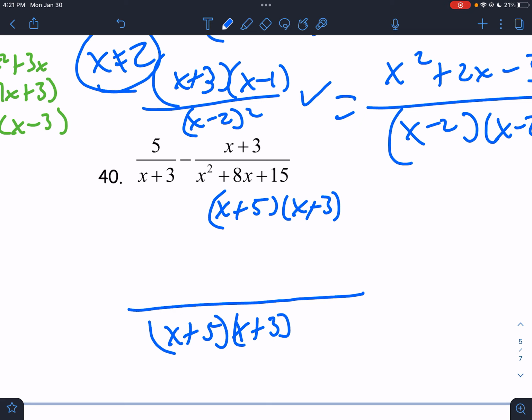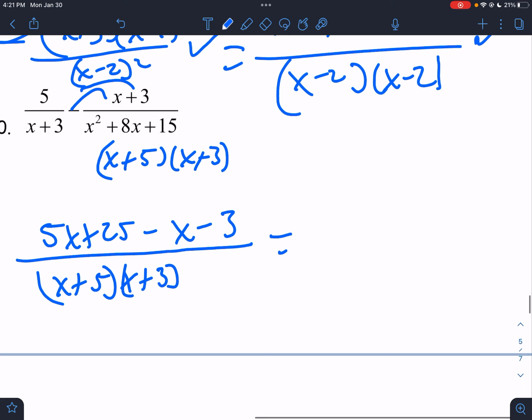So we have x plus 5, x plus 3. This one just needs an x plus 5. That'd be 5x plus 25. The x plus 3 it already has. And then the other one already has everything. It'd be minus x minus 3. Don't forget to distribute that negative. That's a big deal. 5x minus x, that's 4x. 25 minus 3 is 22.